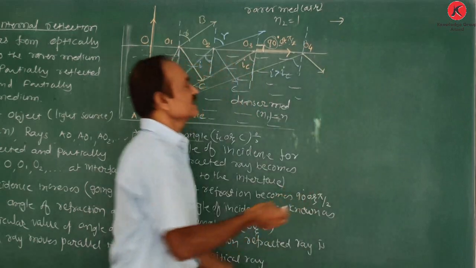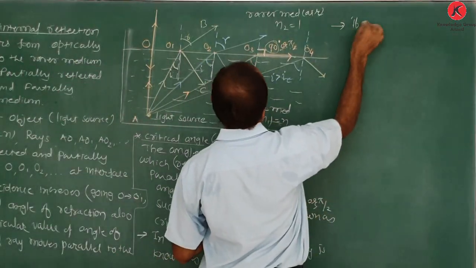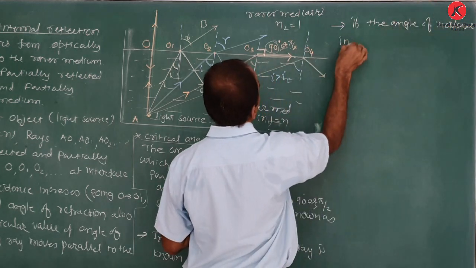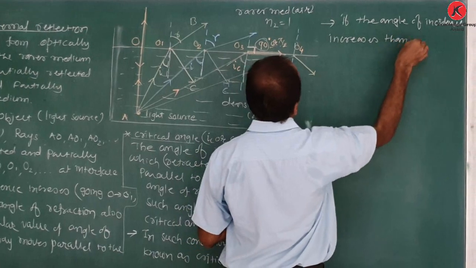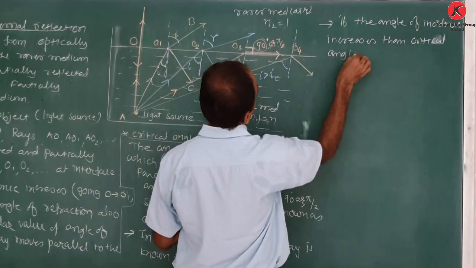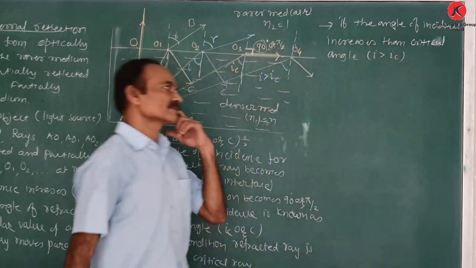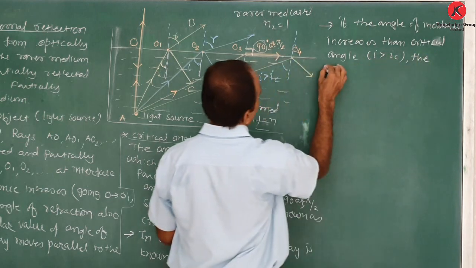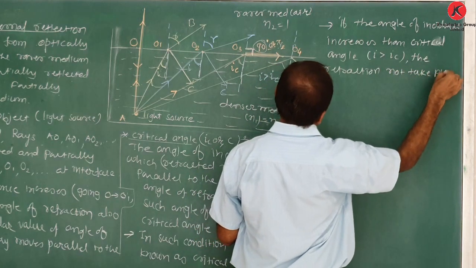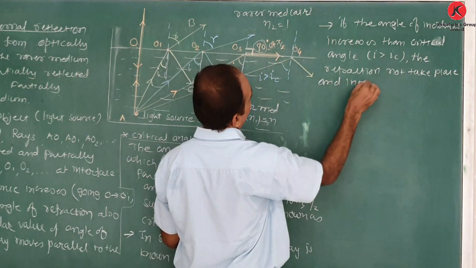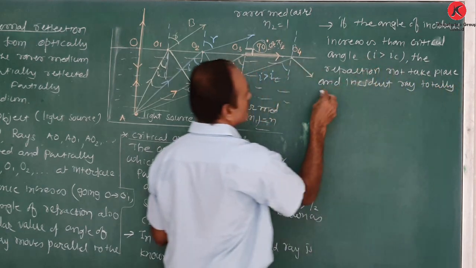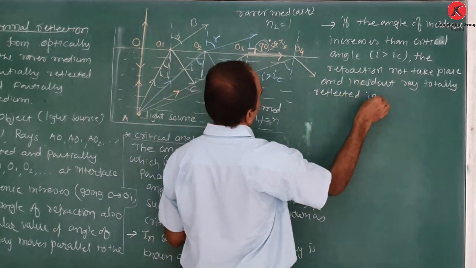If the angle of incidence increases beyond the critical angle, that means I is greater than IC, refraction does not take place, and the incident ray is totally reflected in the same medium.